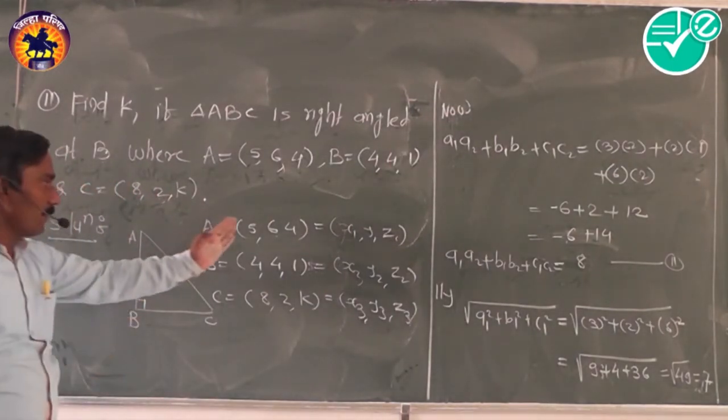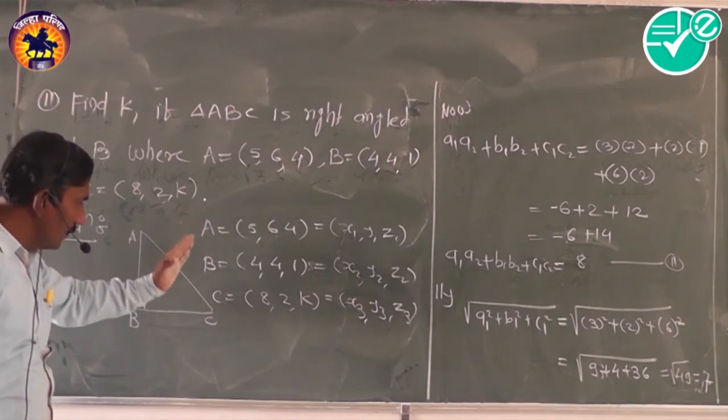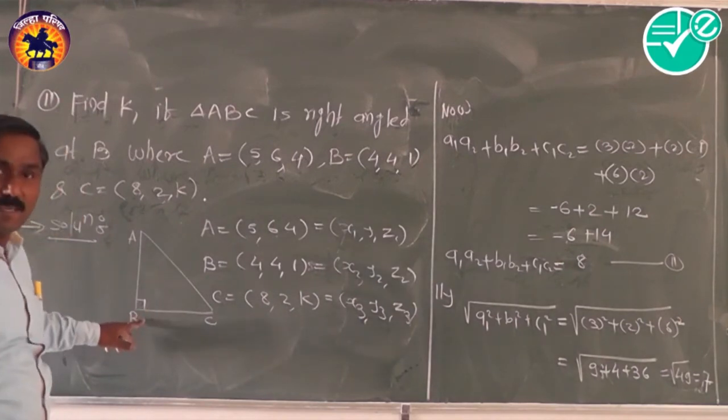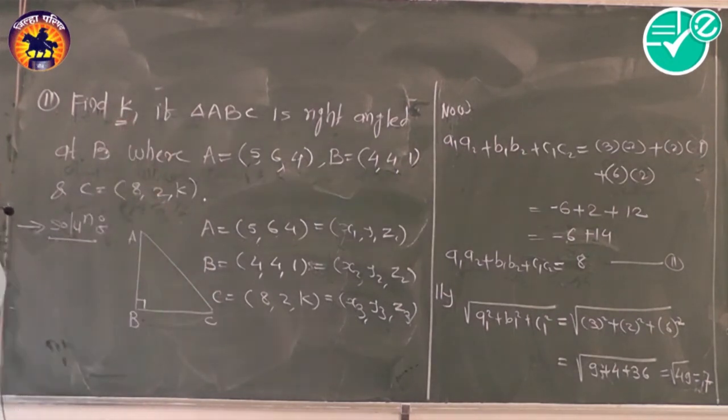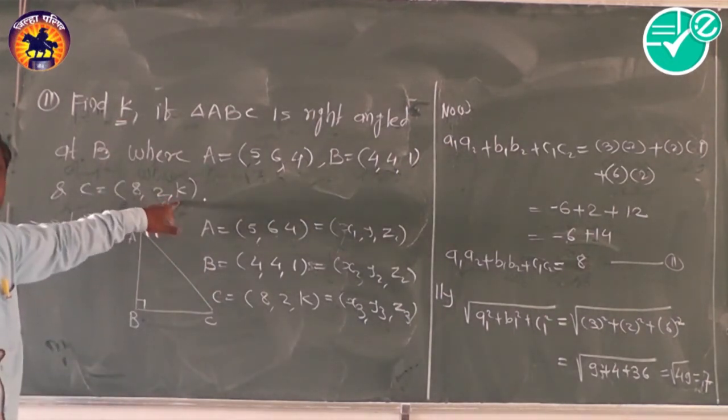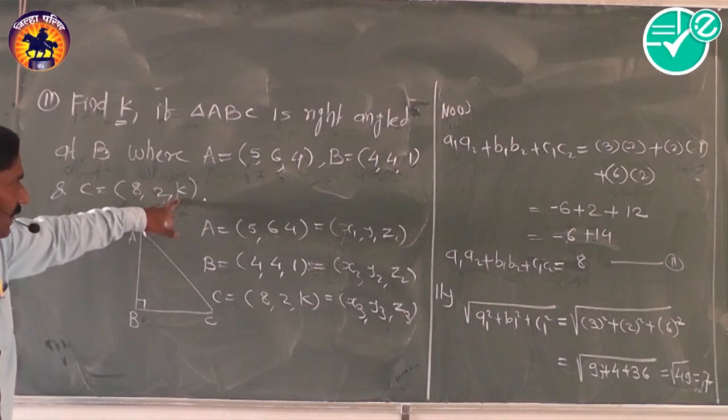Now these are the coordinates of the points A, B, and C. B is the right angle point. Now we have to find the value of K, which is the missing value.